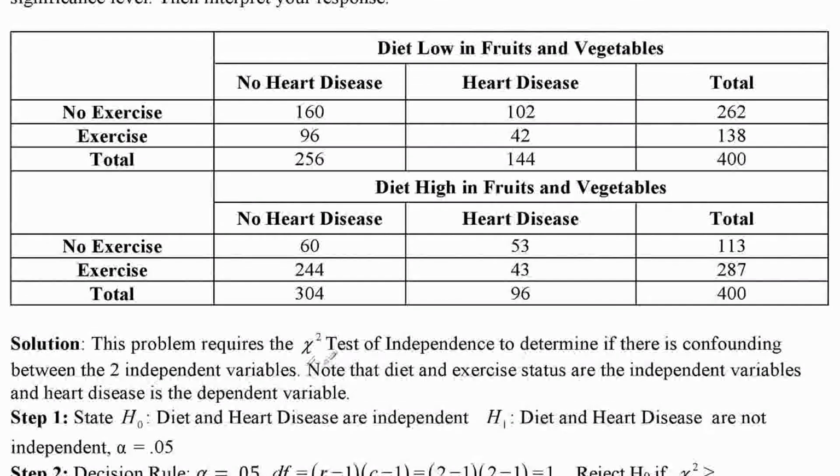So this is going to be another chi-squared test of independence to try and determine confounding, except that in this case we're testing for an association between diet and heart disease.